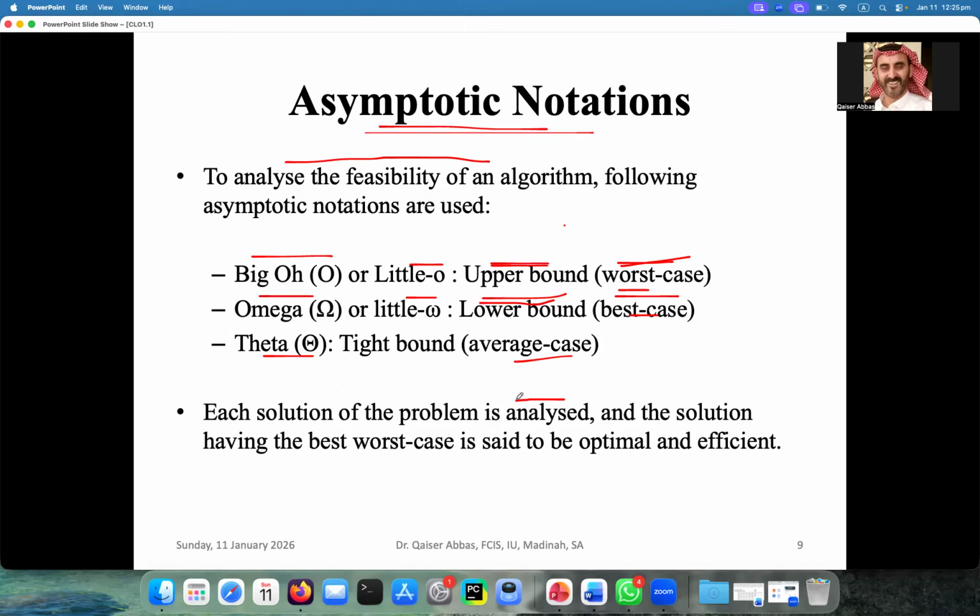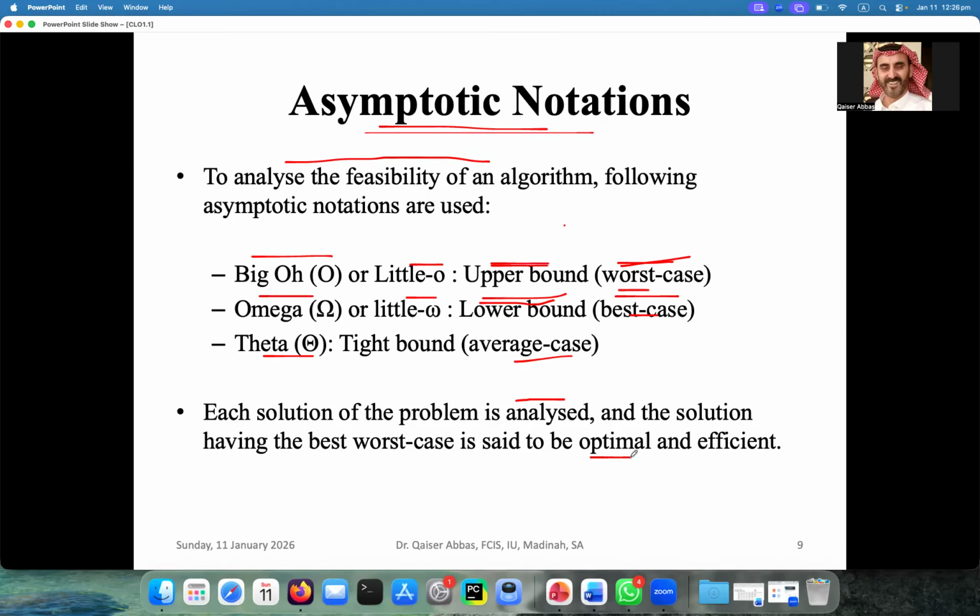After analysis, you will calculate the worst case for each solution by using big O. If you have four solutions and you have analyzed all of them with big O, which means for the worst cases, the solution which has the minimum big O is the optimal.